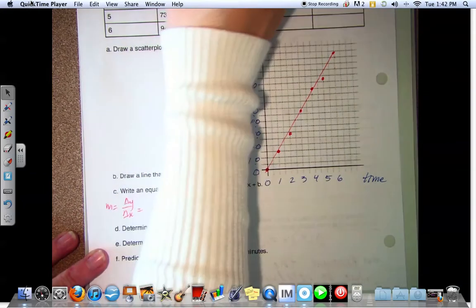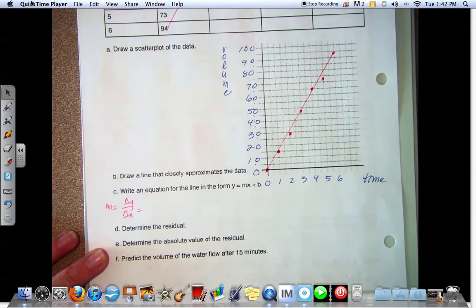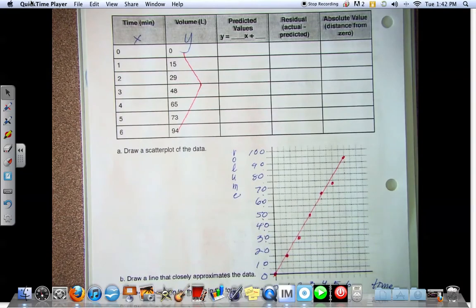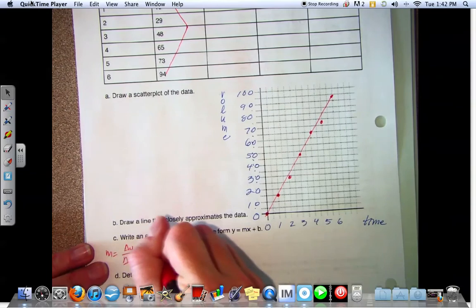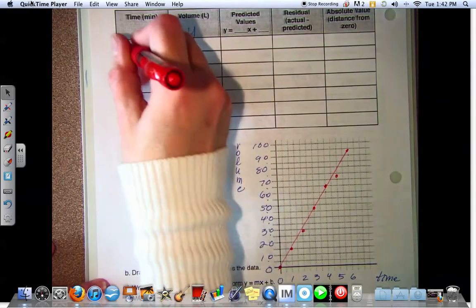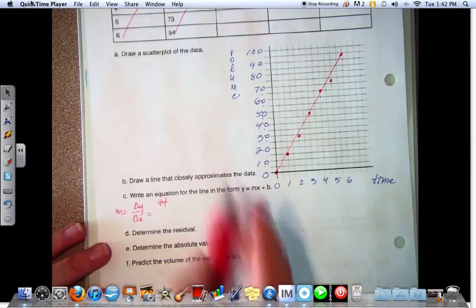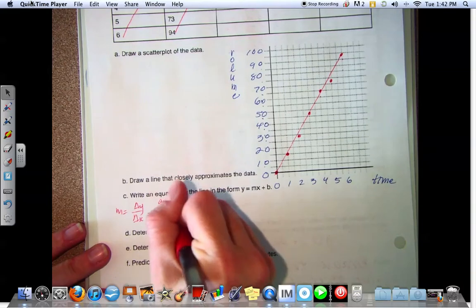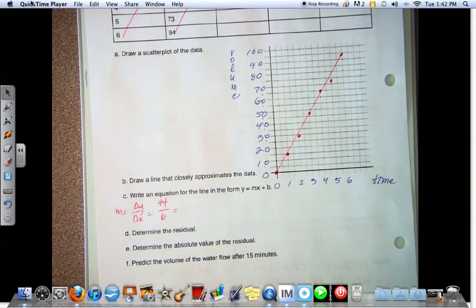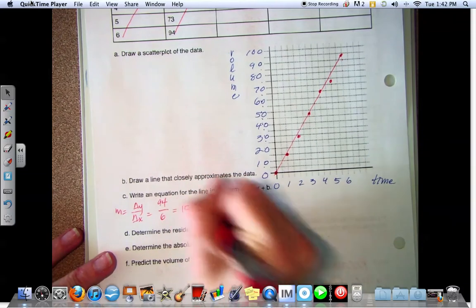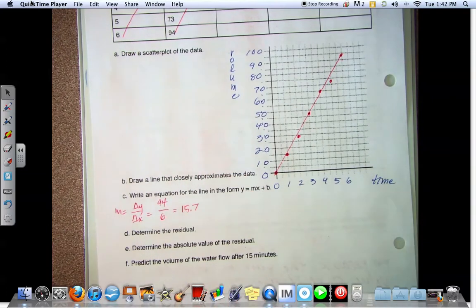So what's my change in y? 94 over 6. So 94 divided by 6 gives us 15.7.